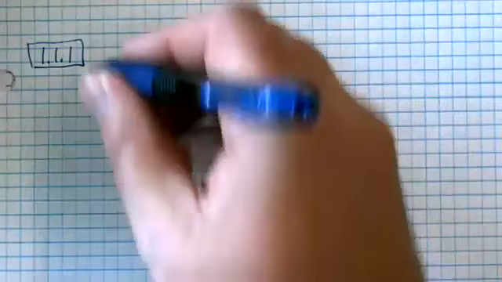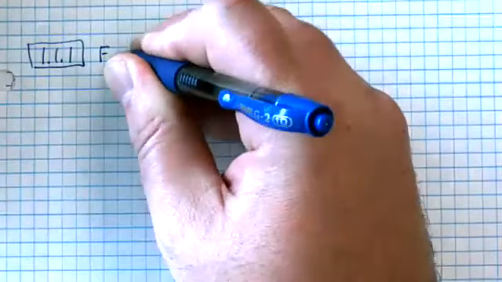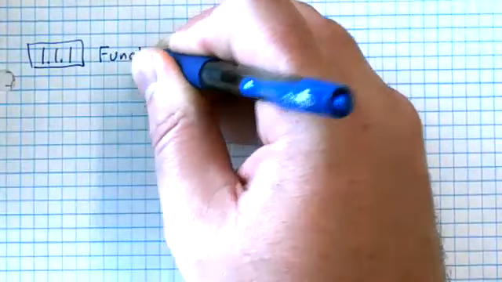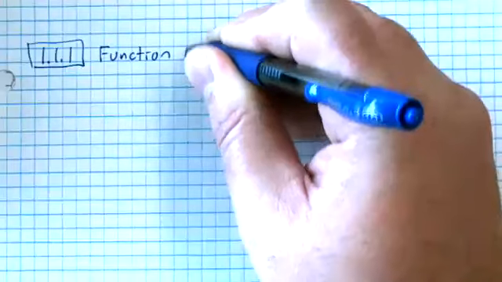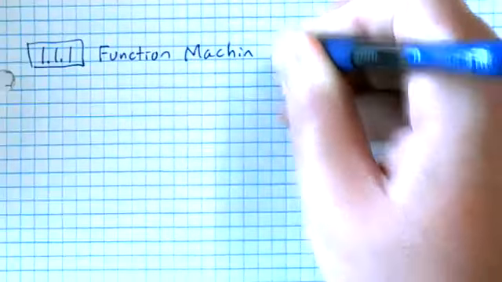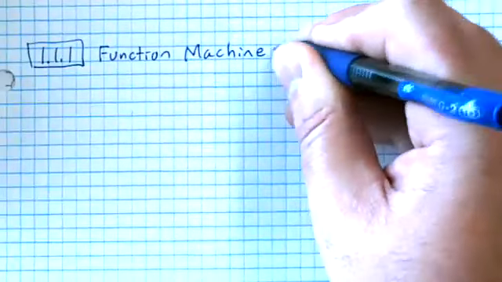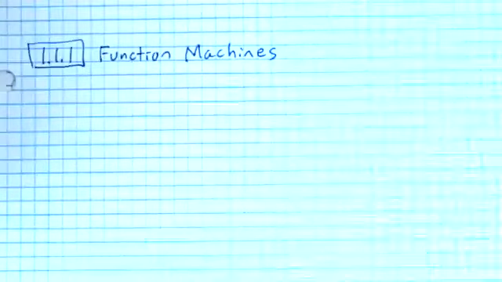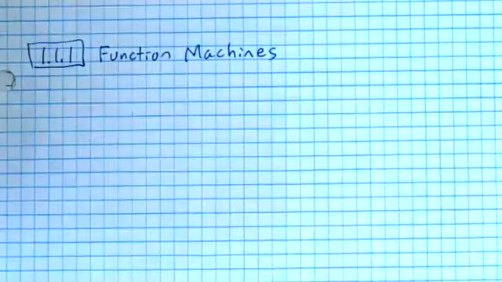Okay. Let's focus right now on function machines. So I'm not putting this in my packet, but rather in my notes. So I see several of you have a spiral bound notebook. That's awesome. I love that. You're going to be happy to have that.